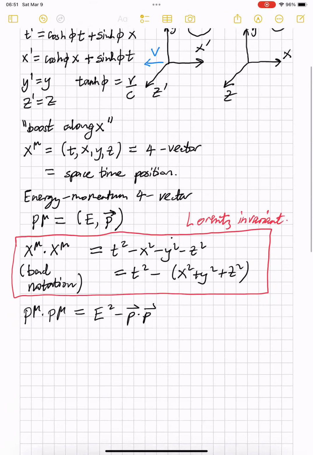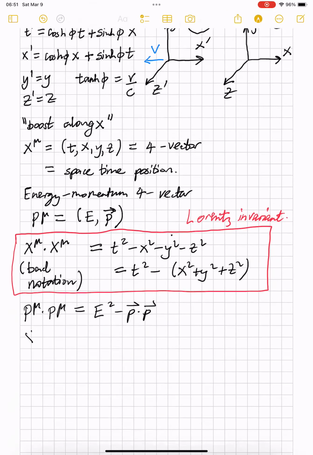And in fact, more generally, if you were to take any two vectors, so for example, x mu dot p mu, this would be E times t, so the first component of x times the first component of p, minus x dotted into p.